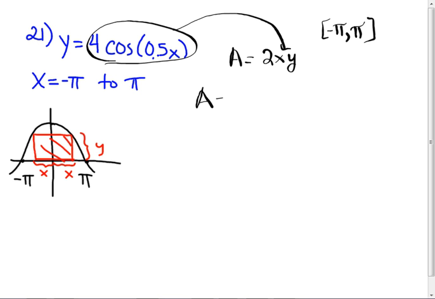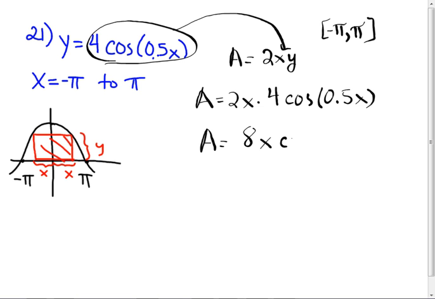So area equals 2x cosine, oops, not cosine, there's a 4 there. 4 cosine of 0.5x. What does that give you? 8x cosine of 0.5x.